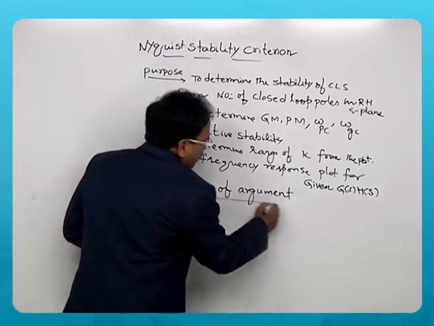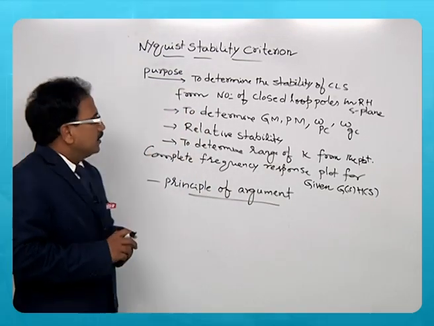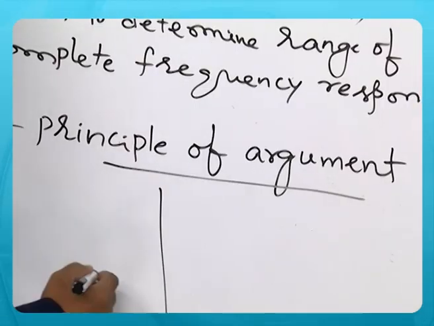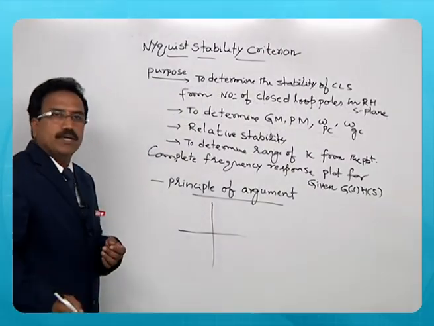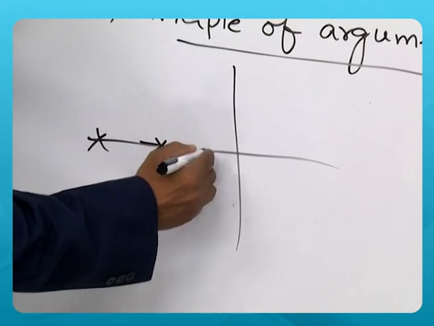So what is this principle of argument? Suppose in the S-plane there are certain poles and zeros.